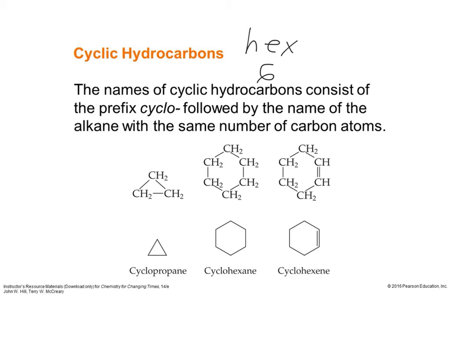Because we don't have any double bonds or triple bonds, we would use the suffix ane, and we contain the maximum number of hydrogens. But because we form a circle, we would add the prefix cyclo. So we have cyclohexane.